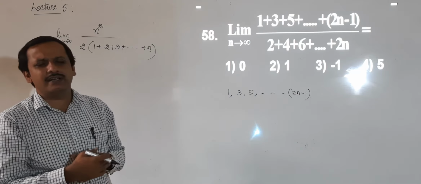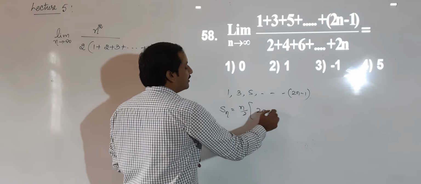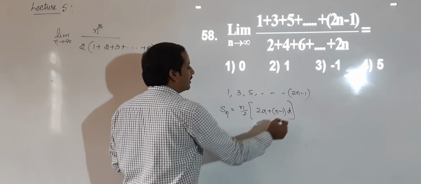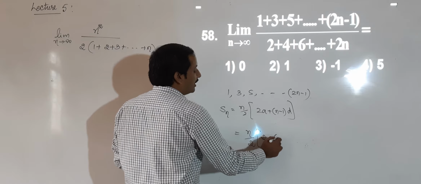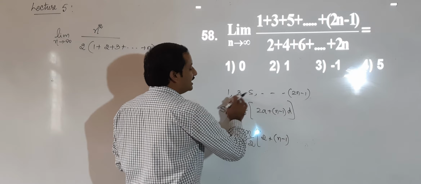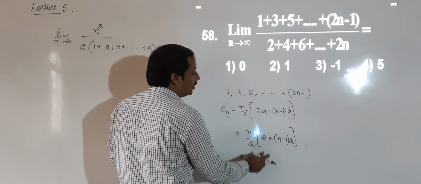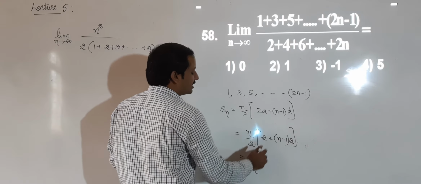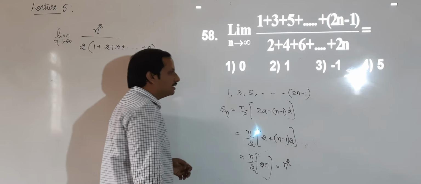Observe that 1, 3, 5, etc. is in AP, arithmetic progression, with first term 1 and common difference 2. I want the sum to n terms of an AP. The sum to n terms, Sn, is given by the formula n by 2 into (2a + (n − 1)d). That is n by 2 into (2 + (n − 1) into 2), since a is 1 and the common difference d is 2. That equals n by 2 into (2 + 2n − 2). The 2 gets cancelled, leaving 2n, and n into n is n square.